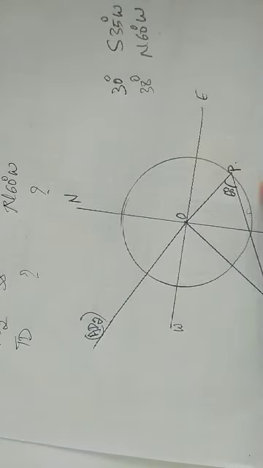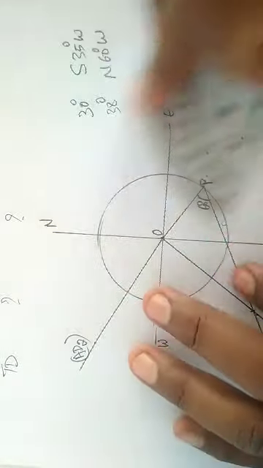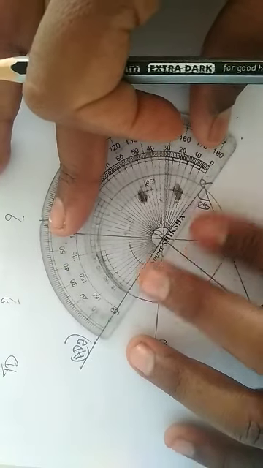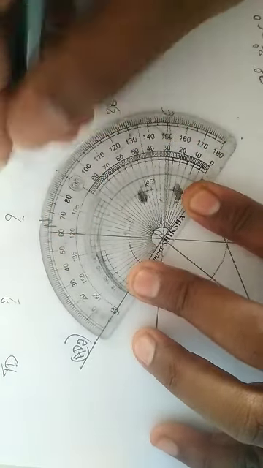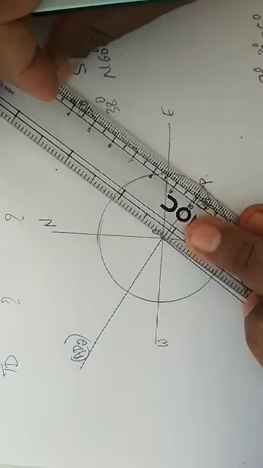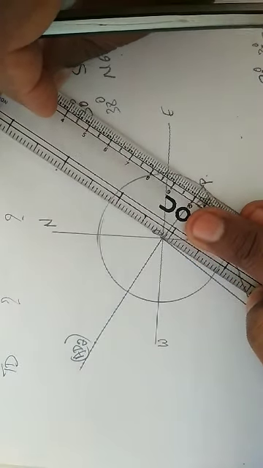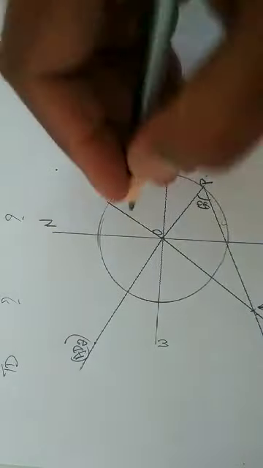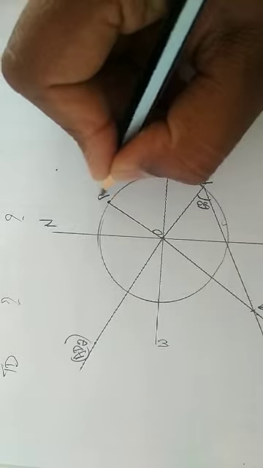Again for this AD2, draw the perpendicular by placing the protractor on the point O. Here we get this 90 degree, join O at 90 degree, which touches the circumference of the circle. Again here name it as R.